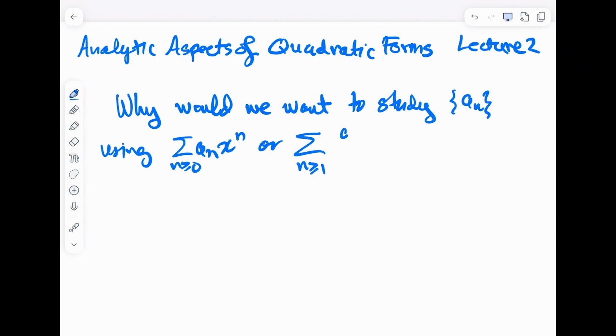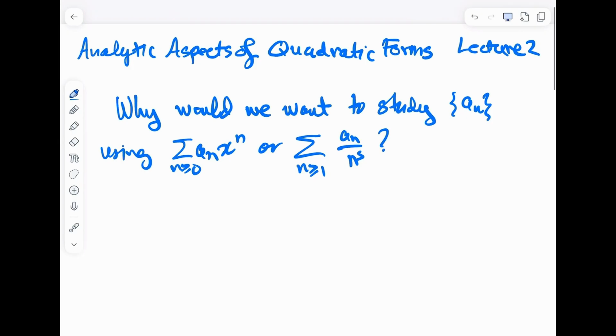Let me point out the Dirichlet series for a sequence of coefficients does not have an a_0 term. There's no term for n equals 0. Power series starts at n equals 0. Of course, a_0 still might be 0, but in any case, why would we want to do that?